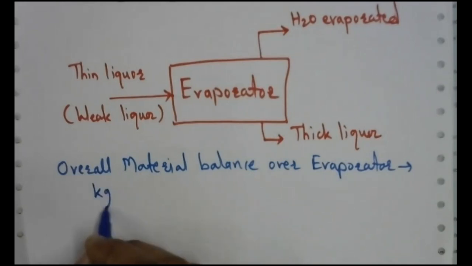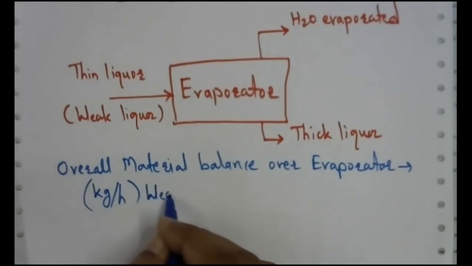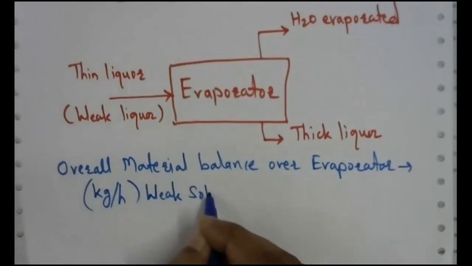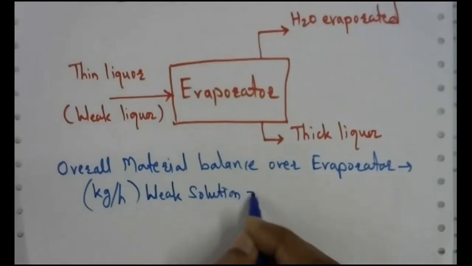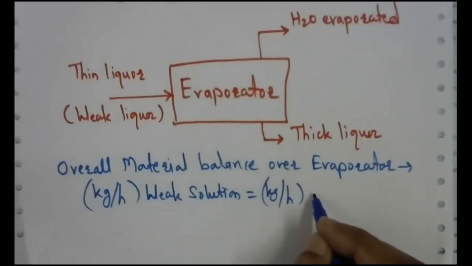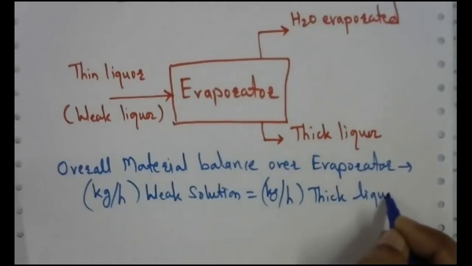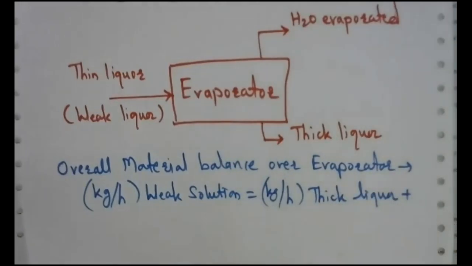So kg per hour weak solution is equal to kg per hour thick liquor plus kg per hour water evaporated.